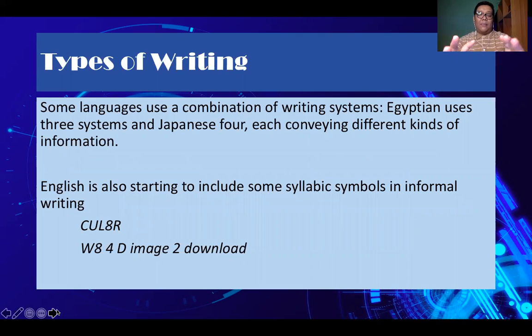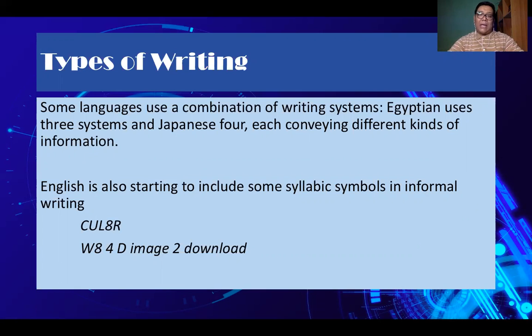We also have some languages that use a combination of writing systems. For example, Egyptians use three systems while Japanese use four, each conveying different kinds of information. And the modern English language that we use is also starting to include some syllabic symbols in informal writing. For example, the computer language that we use, or the common shortcuts that we use in sending text messages or mobile messages.